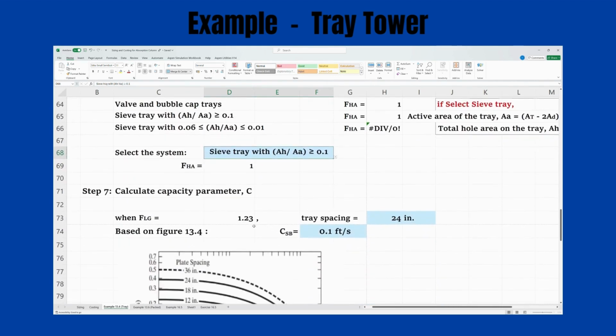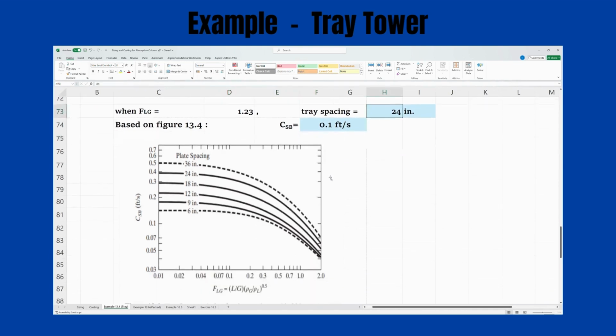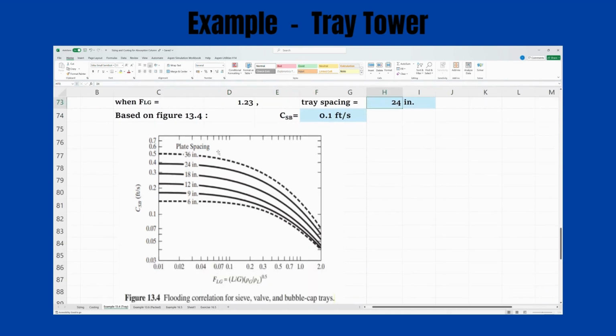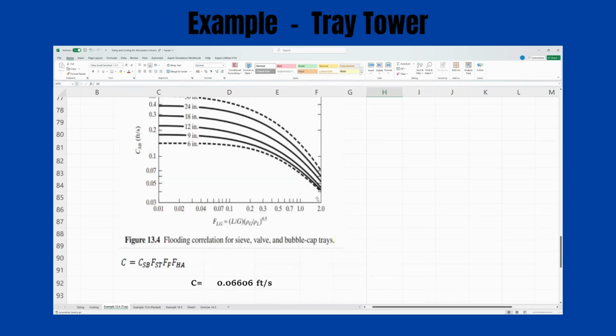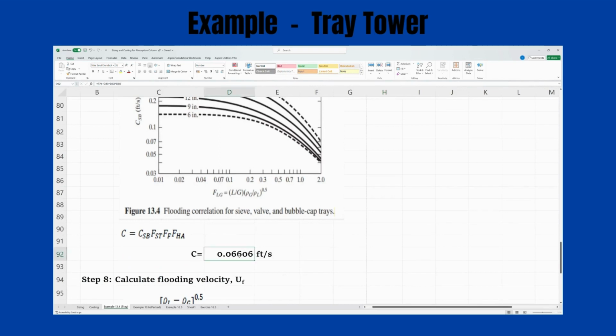Then we need to calculate the capacity parameter when the FLG is equal to 1.23 and the tray spacing is 24 inch. So based on Figure 13.4, the CSB is around here, so 0.1. After that it will calculate the capacity.